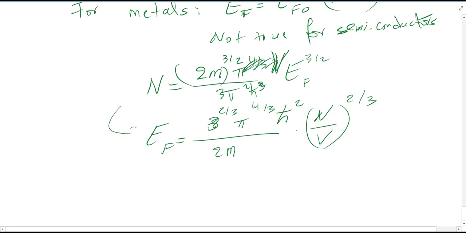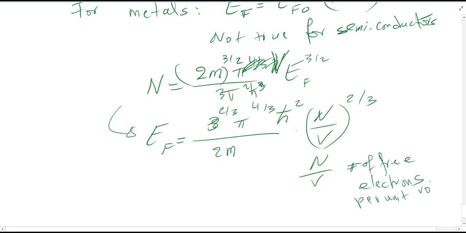So just reworking this expression to find the energy level in terms of n over V, and n over V is actually the number of free electrons per unit volume. Sometimes we write it as n.